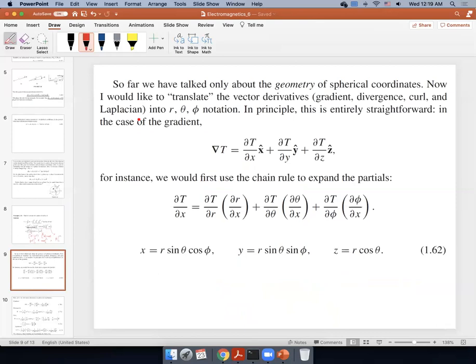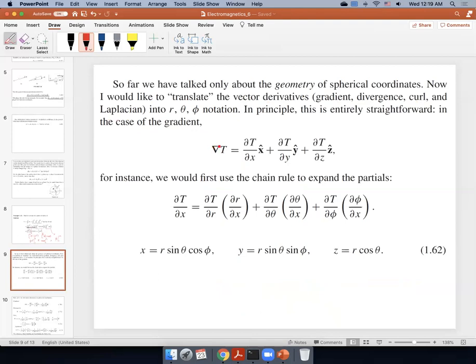Now, let's see the vector derivatives, which are gradient, divergence, curl, and Laplacian.